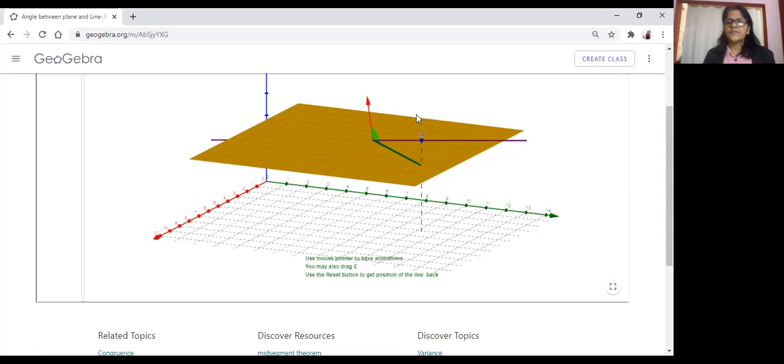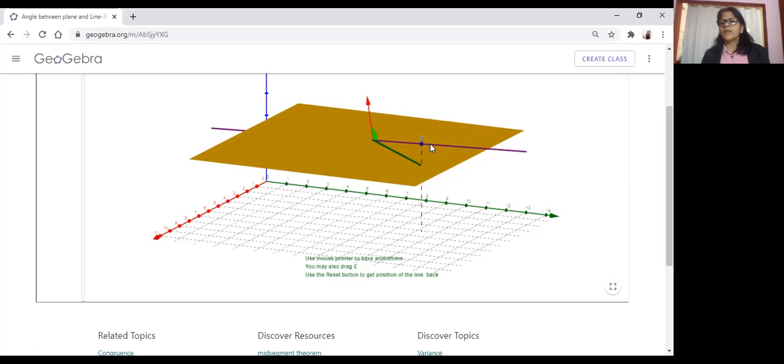So if theta is the angle between the line and the plane, then 90 minus theta will be the angle between the line and the normal to the plane. It is now very easy for us to find the angle between two vectors because we have been studying in that way.